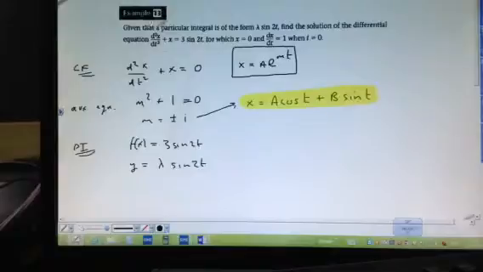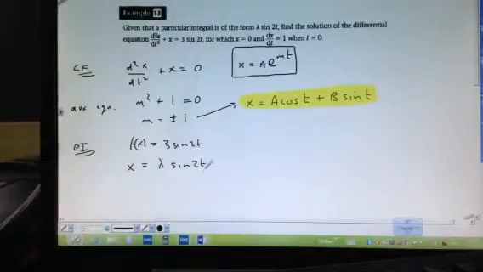So they're saying, given that a particular integral is of the form of that format. Is it y or is it a different variable? Is it y? Yes, thank you. x is equal to that.